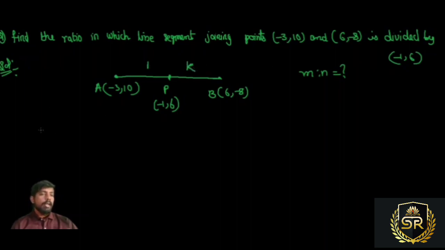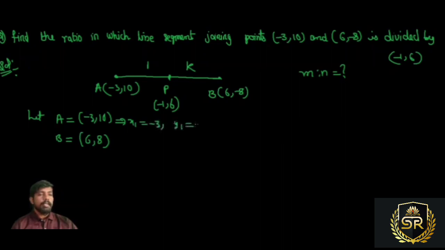See here, let A is equals to minus 3 comma 10, B is equals to 6 comma 8. And x1 is equals to minus 3, y1 is equals to 10. Next, x2 value is 6, y2 value is 8.